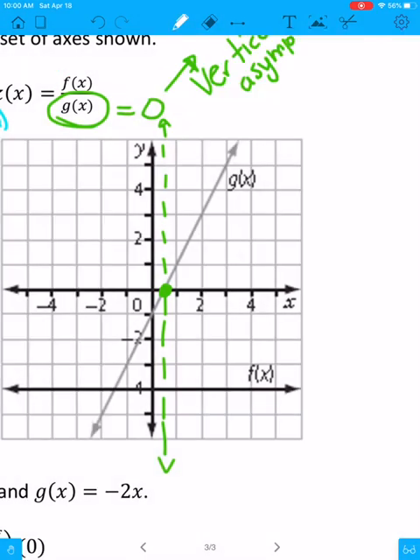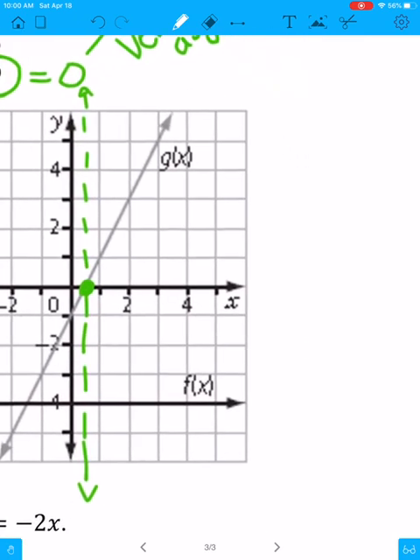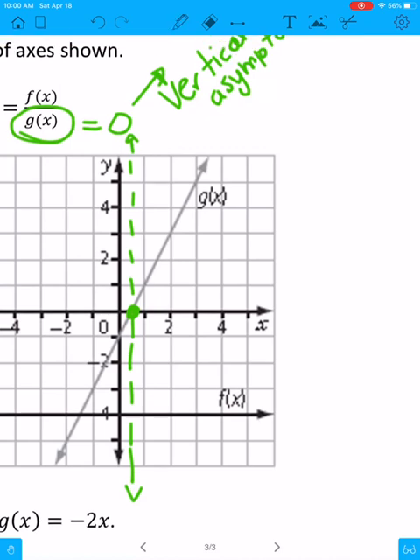So I'm going to find k of negative 1. No, I can do negative 2 actually, because it's on the graph. K of negative 2 equals f of negative 2 divided by g of negative 2.